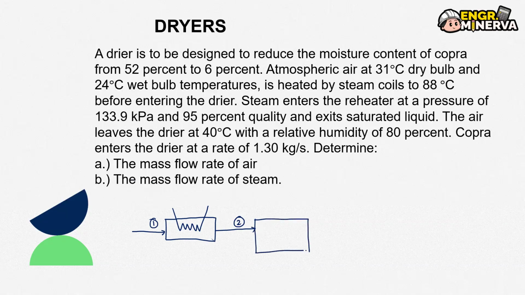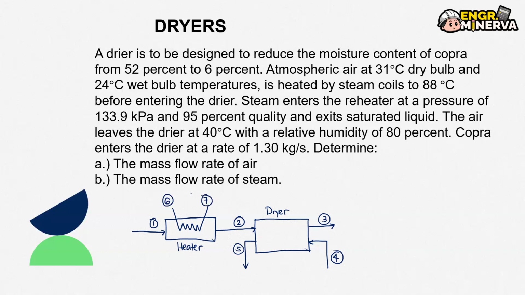This is the drying chamber. This is the air going out. 3. Okay. Next, this is the agricultural product going in. That would be 4. And agricultural product going out. That would be 5. And for the steam, this is 6 and this is 7.